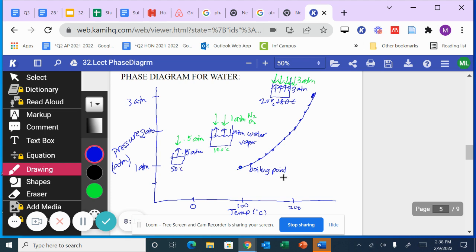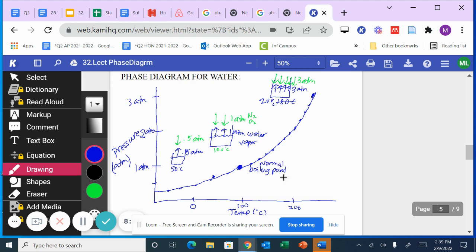So at 0.5 ATM, it'll start boiling at 50 degrees Celsius. So you're going to have a line that goes like this. These are all the different boiling points of water. Because there's so many different boiling points, this one at 1 ATM, we're going to call that the normal boiling point.